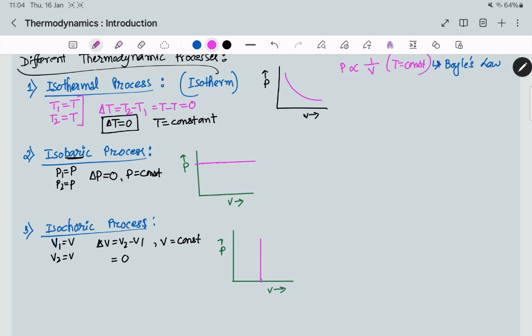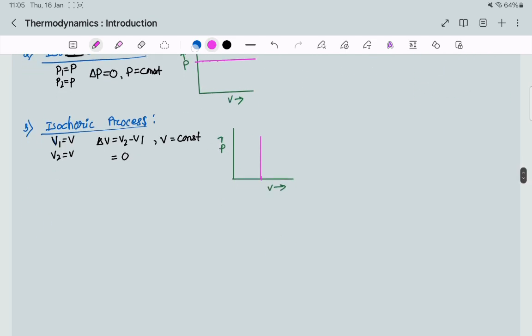Now this is easy. Why are they 0? Because temperature, pressure, volume are all state functions, and state functions only depend on the initial and final state, right? So if their values are fixed, in different processes we have taken delta of that exact variable as 0. Now the fourth one, the most important one, is our adiabatic process.